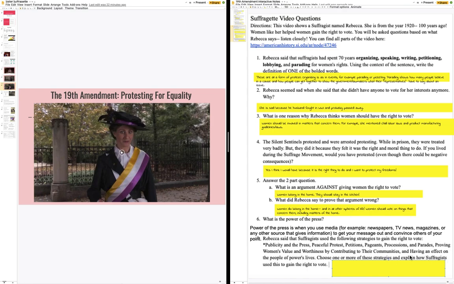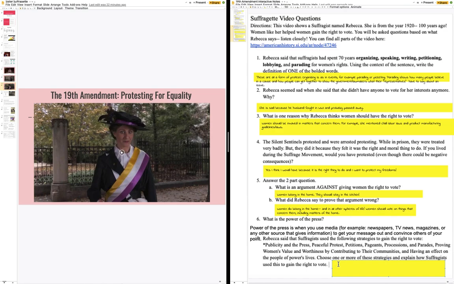So, being able to impact people in Congress or other people in power, can you kind of affect their lives and convince them of your point? Choose one or more of these strategies and explain how suffragists use this to gain the right to vote.